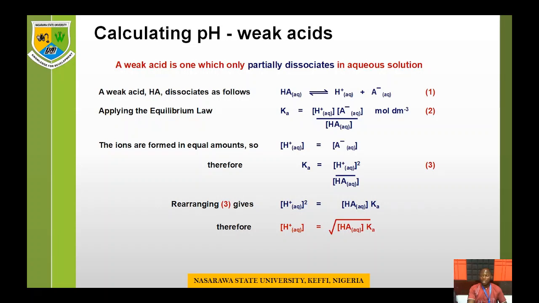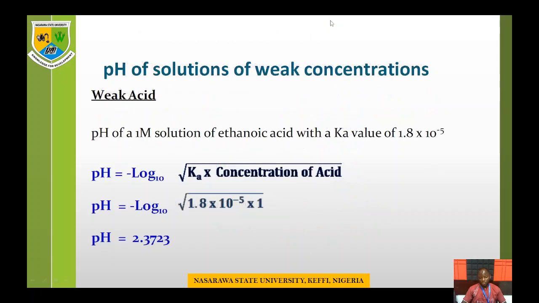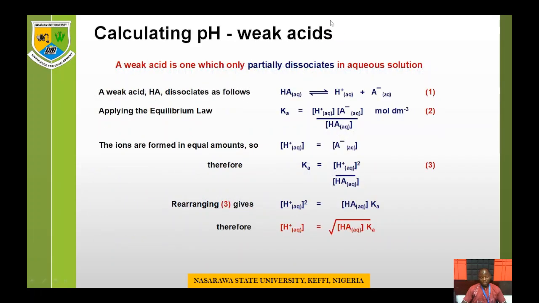Again, in calculating the pH of weak acids, first of all, a weak acid is one which only partially dissociates in aqueous solution. A weak acid indicated by HA will dissociate as follows. HA, in a forward and backward reaction, will give you hydrogen ions and A minus, but these are sparingly soluble.